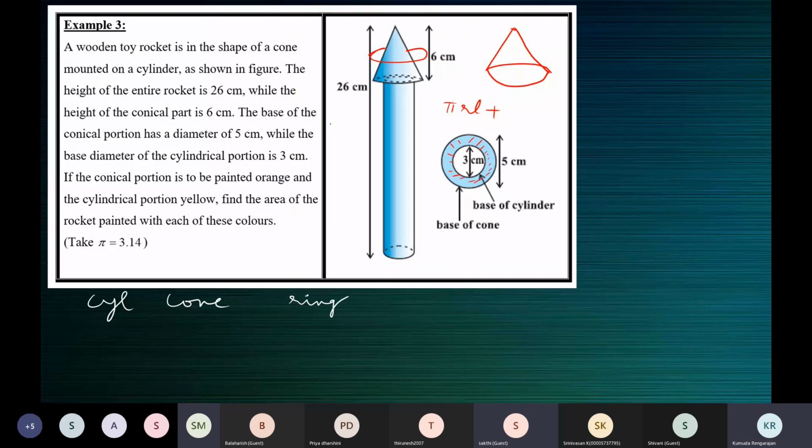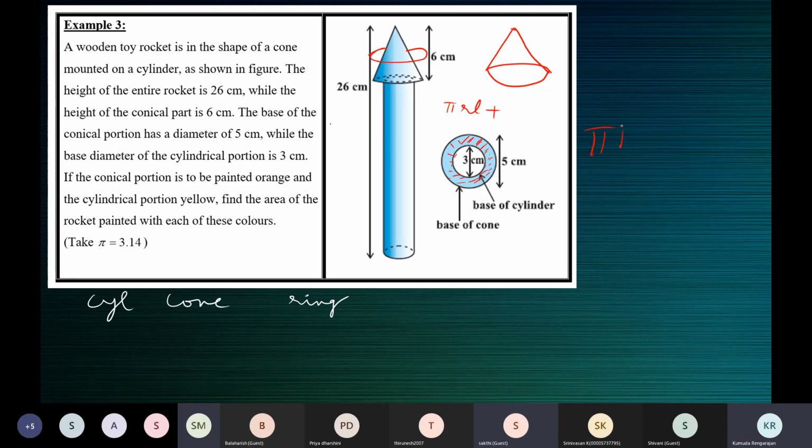Under this cone, you can see something like this. What is the area of this portion? Area of the outer circle minus the area of the inner circle: pi capital R square minus pi small r square.